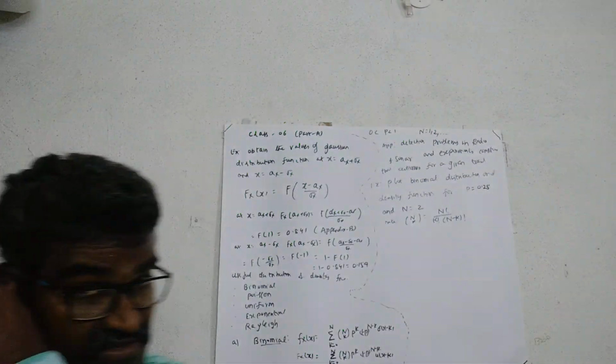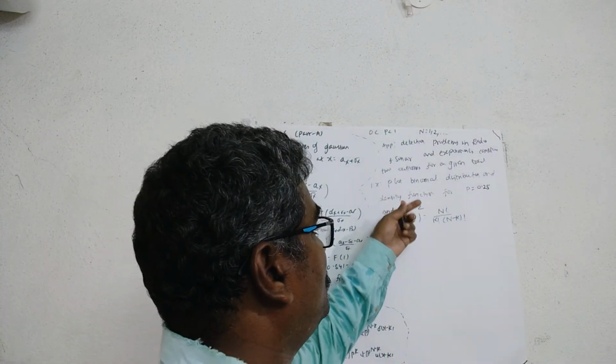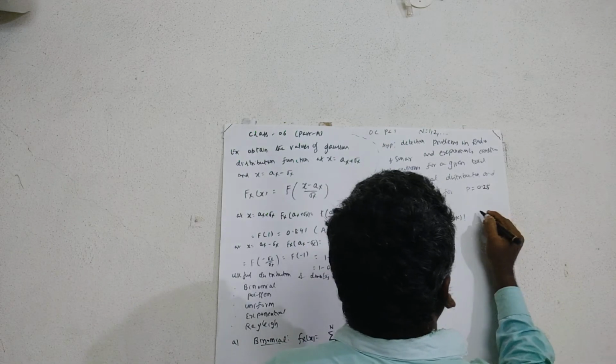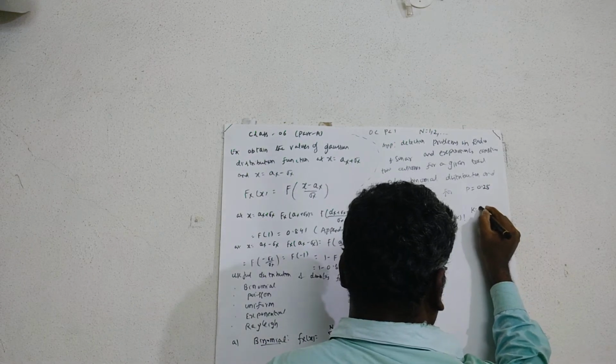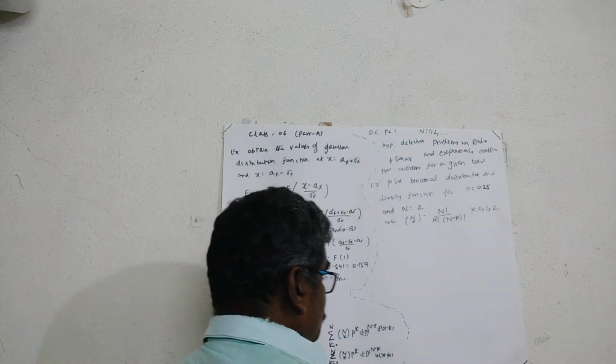First, let us obtain the binomial coefficients for the different possible conditions, because k is varying here. What is the range of values of k? K is equal to 0, 1, 2, because the n value is given as 2.